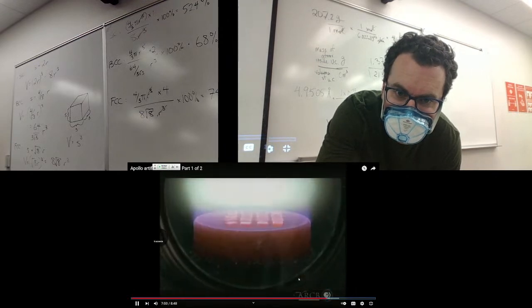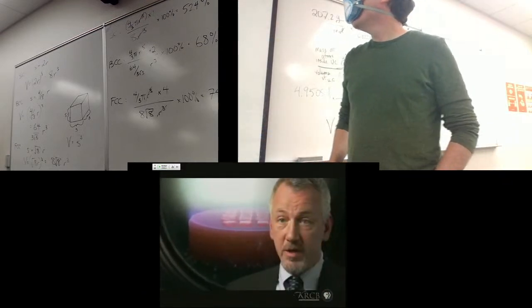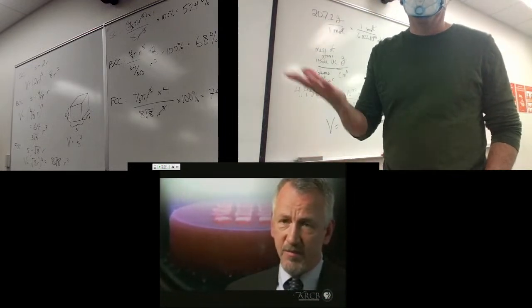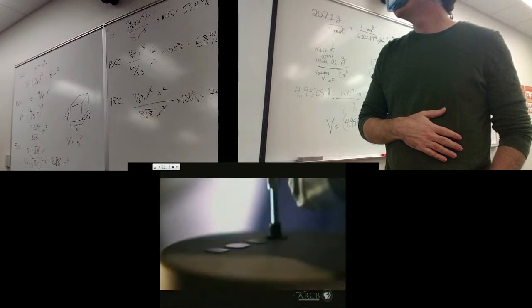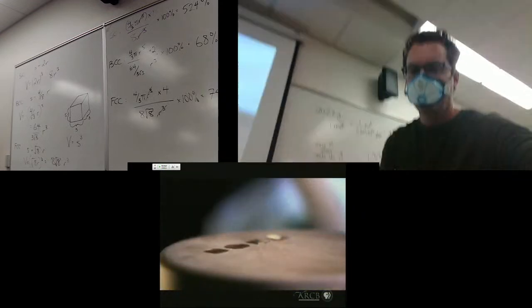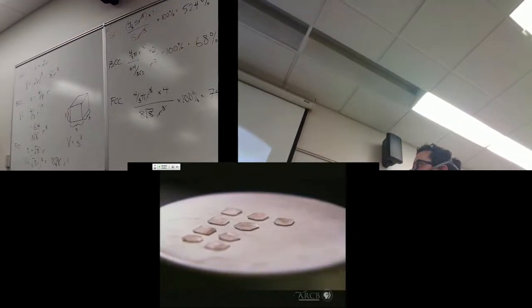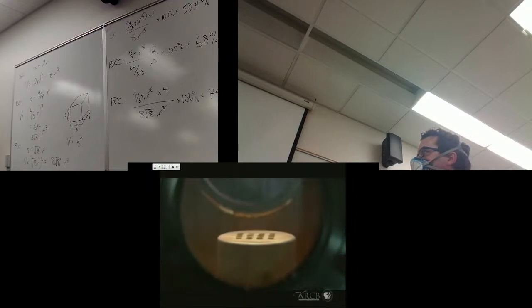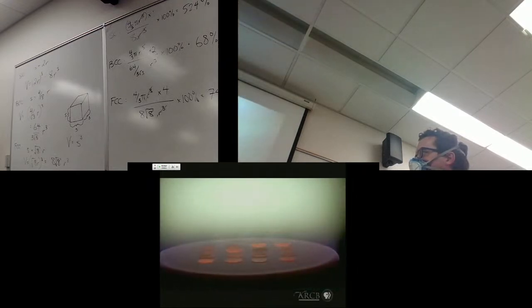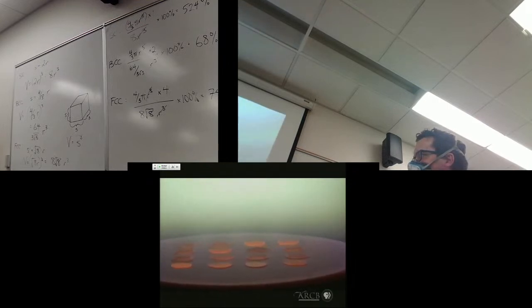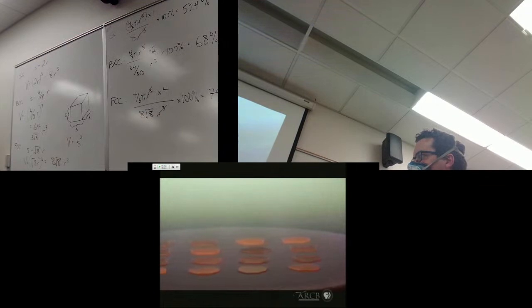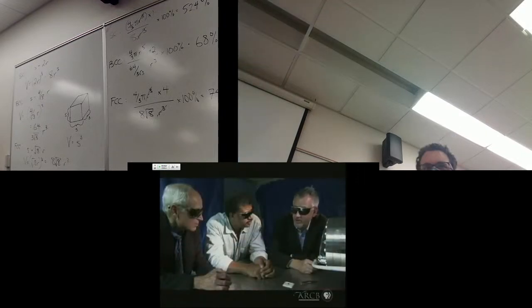So, yeah, chemical vapor deposition is 3 or 4,000 degrees Celsius plasma.